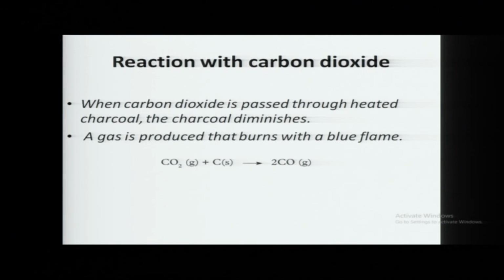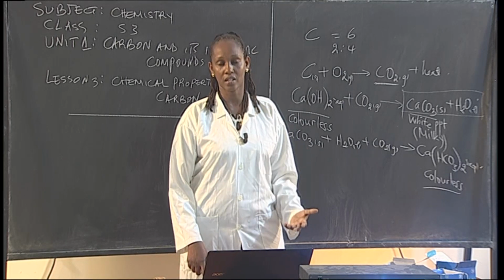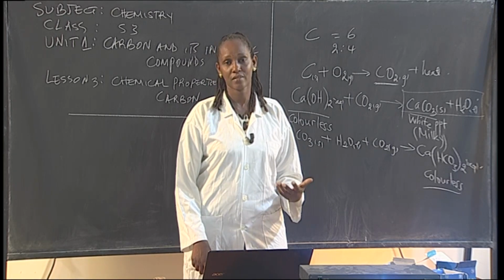How does carbon dioxide react with carbon? All right? So when you get carbon dioxide and you pass it over heated charcoal, the charcoal diminishes. What does that mean? It means that carbon dioxide stops burning, it does not support burning.